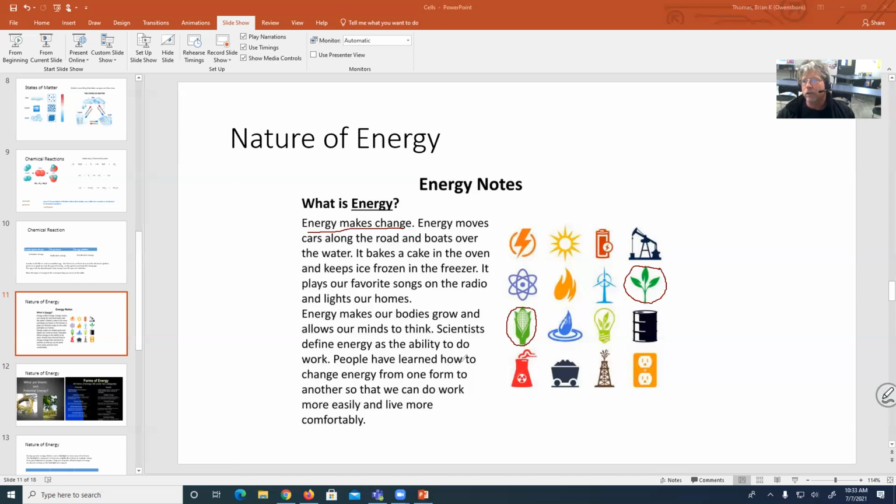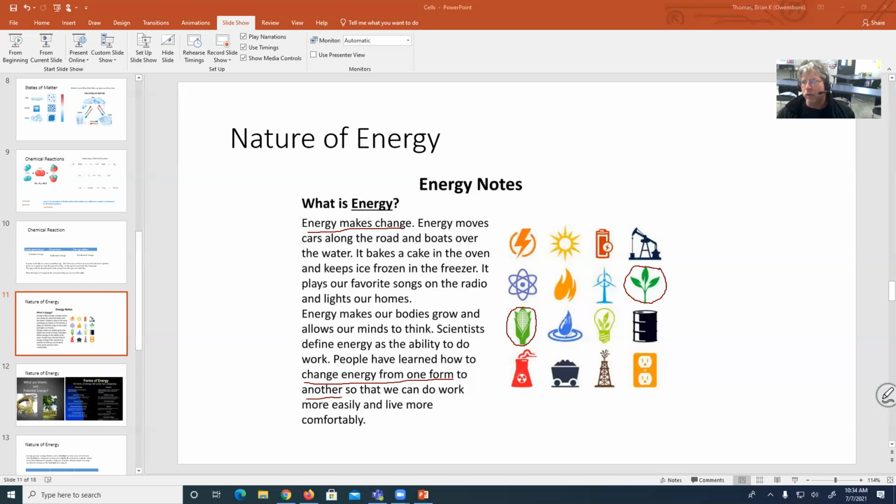So when I think about solar energy in the form of solar panels, that's how we are changing energy from one form to another. When I think of solar panels, they're changing sun energy into probably a chemical energy for batteries and things like that. So it's pretty cool.